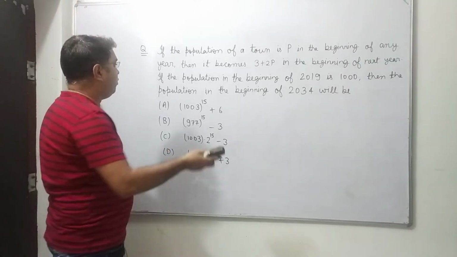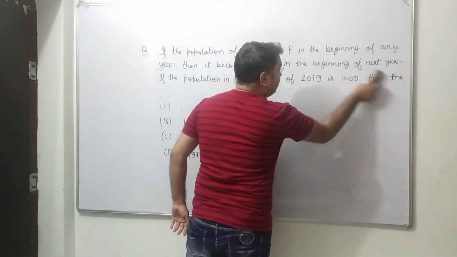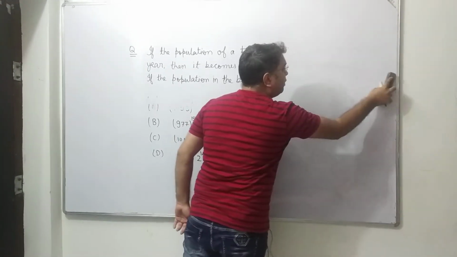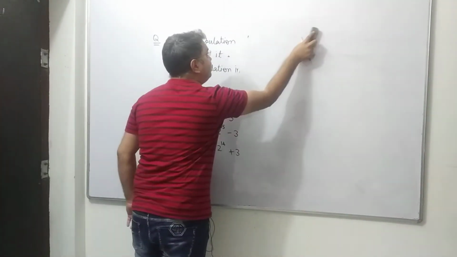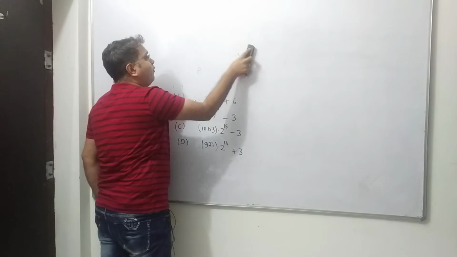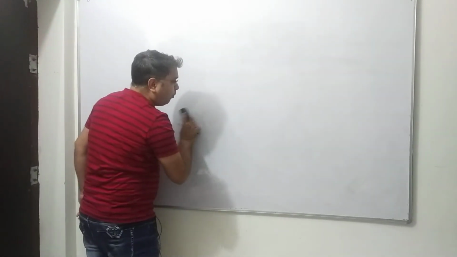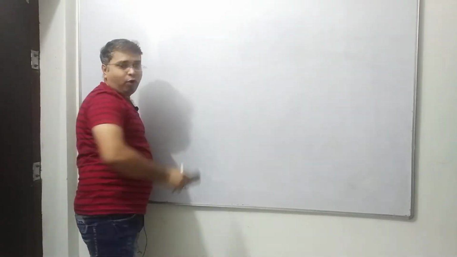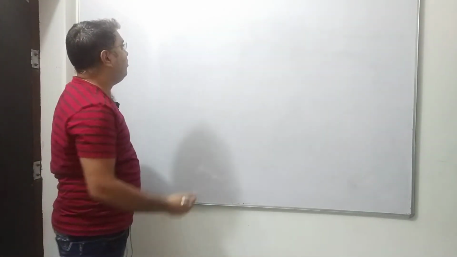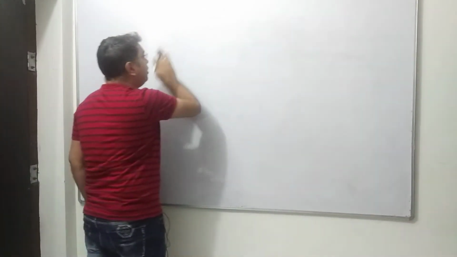I am rubbing the question so that we can start with the solution. First we will find out the pattern, how the population data forms a pattern, then we will proceed with the question.